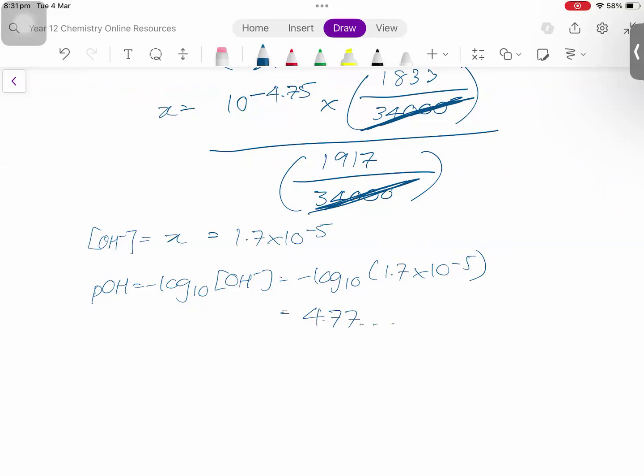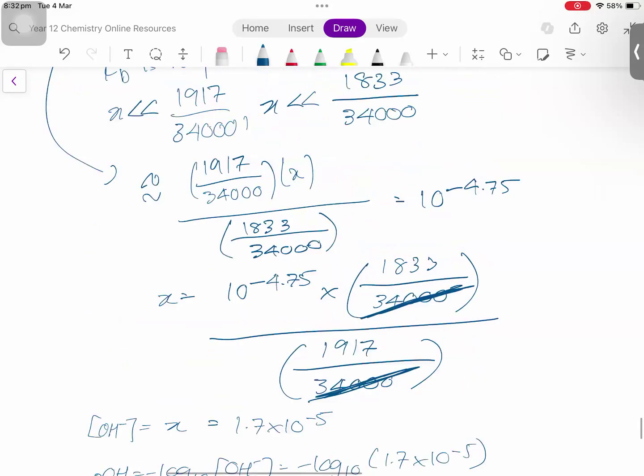If the question wanted pOH, we don't round off until you get to your final answer. If the question wanted pOH, then I would have rounded off here. But the question wants pH. How do I convert from pOH to pH? Fourteen minus pOH. Good. At 25 degrees Celsius. So this is 14 minus 4.77. And then I can round off because the pH is what the question asked for.